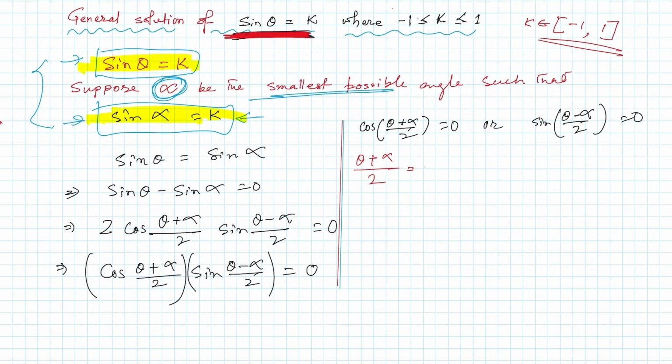But here instead of n we are going to take m, so theta plus alpha by 2 is equal to twice m plus 1 into pi by 2, where twice m plus 1 represents an odd integer, so an odd multiple of pi by 2, where m belongs to Z. If you simplify this equation, then you will get theta is equal to twice m plus 1 into pi minus alpha.